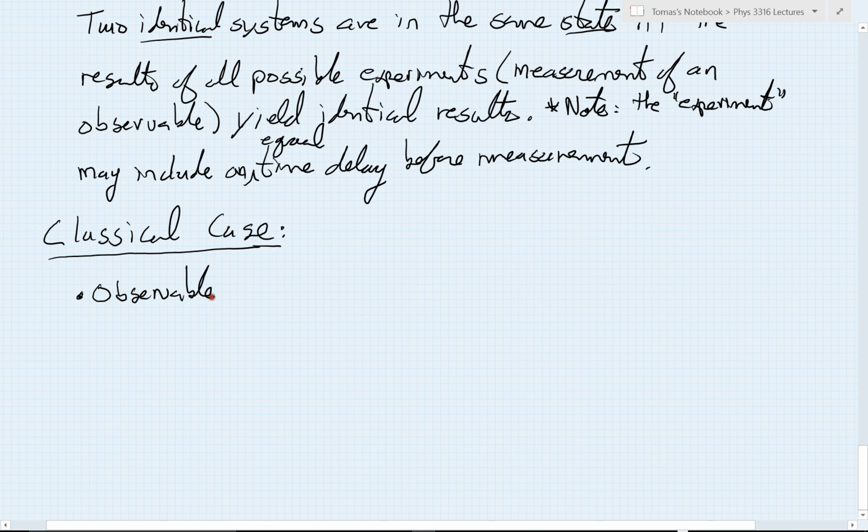Now, an observable, as we had said, is something that you can actually go out and see, right, and measure and quantify. So the observables in classical physics include things like the velocity of the various particles, but we've been learning we don't think in terms of velocities, we think in terms of momenta. Of course, the momenta of the various particles at a given time would be the thing we would observe.